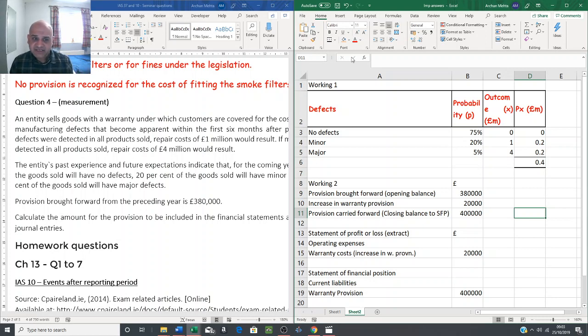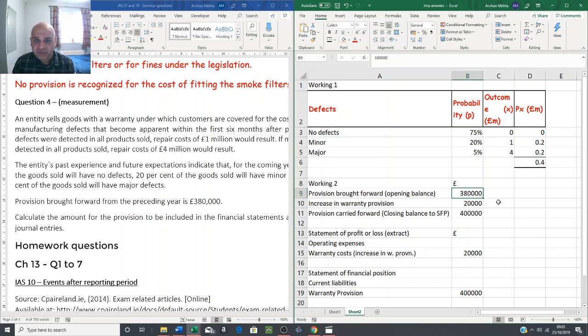The past practice suggests that the company usually gets products with minor defects that represent around 20% of the population, and products with major defects represent around 5%. So they are likely to repair them in future. That will cost them £400,000 next year.